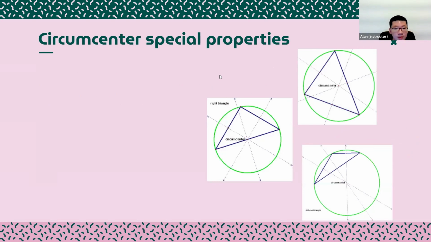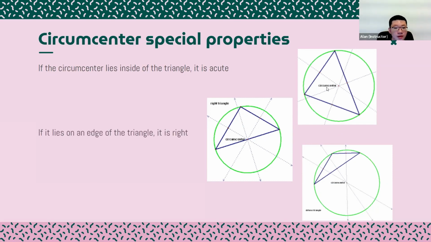There are some special properties about the circumcenter. If the circumcenter lies inside of the triangle, it's going to be an acute triangle. On the top right, you can see that the circumcenter lies inside the triangle, so it's an acute triangle. If it lies on the edge of the triangle, it's going to be a right triangle.